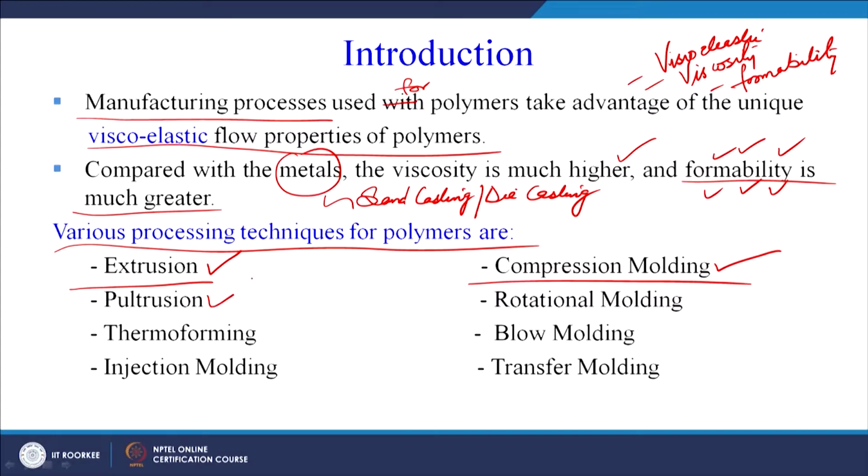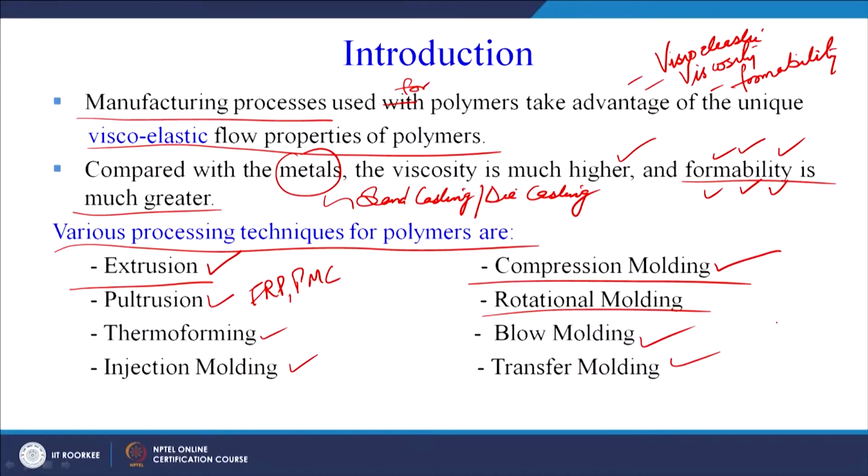Then maybe pultrusion, which is used for FRP products or polymer matrix composite products. Rotational molding, which is used for making large size axisymmetric water tanks or large hollow tanks. Thermoforming for making sheet type products. Blow molding for making hollow bottles.